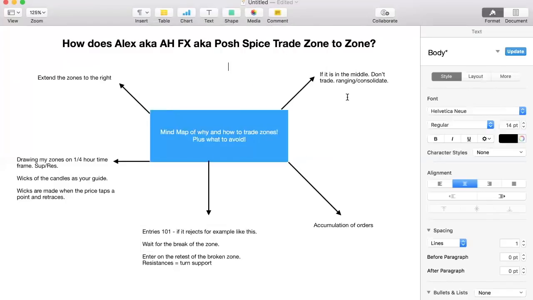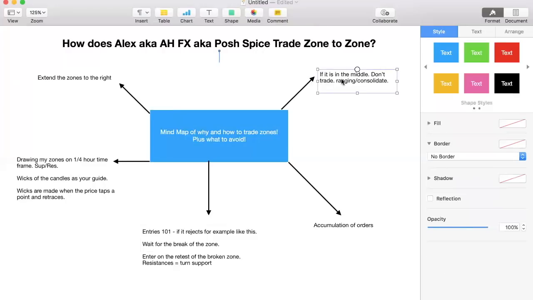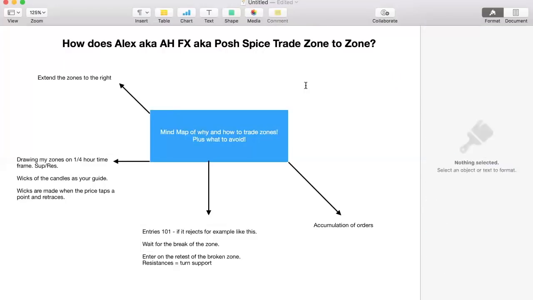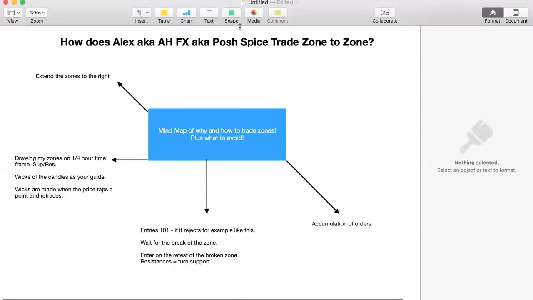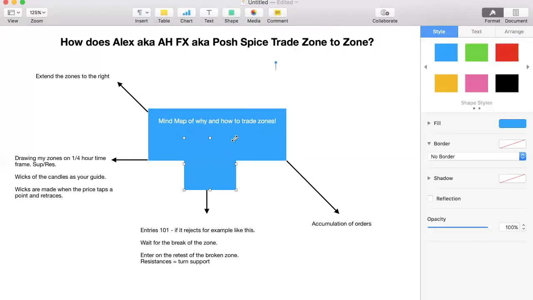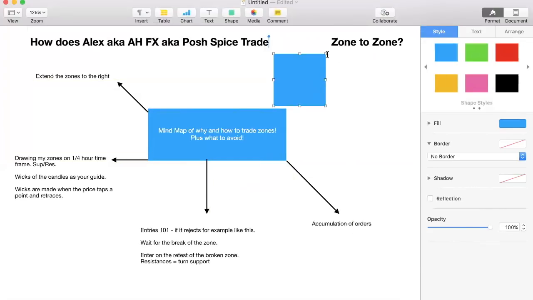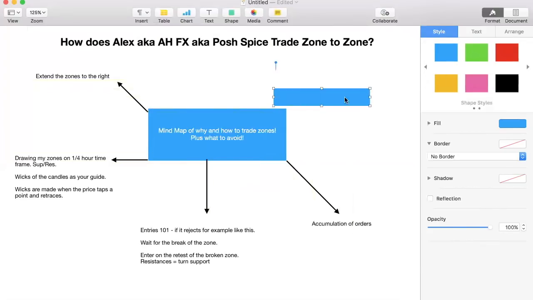So let me just run into the accumulation of orders. What does this mean? Let me delete that part so I can do some drawings over here. Let's say this is your zone of resistance.